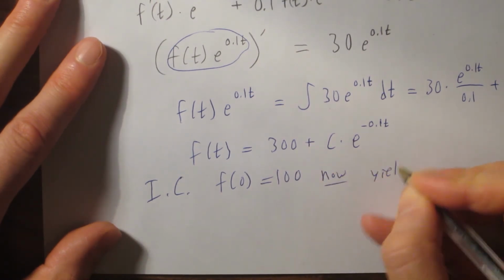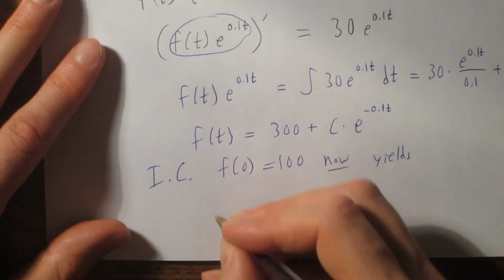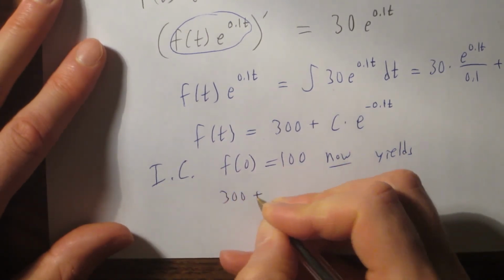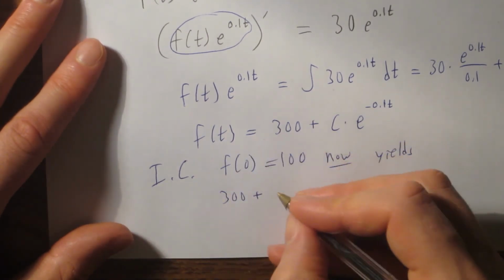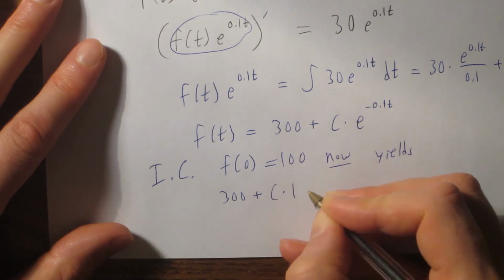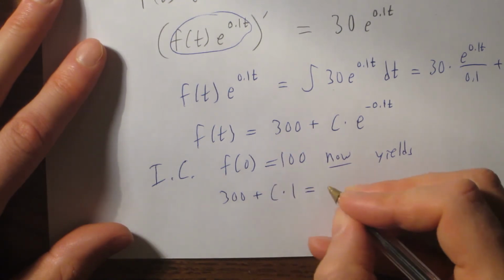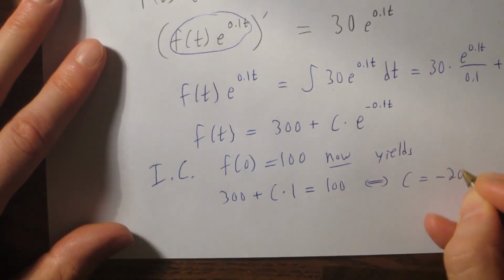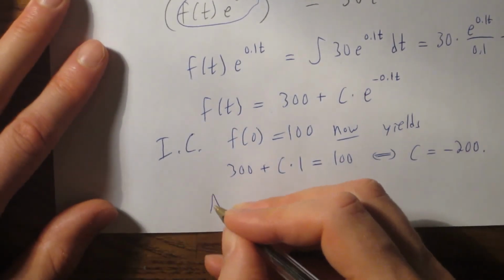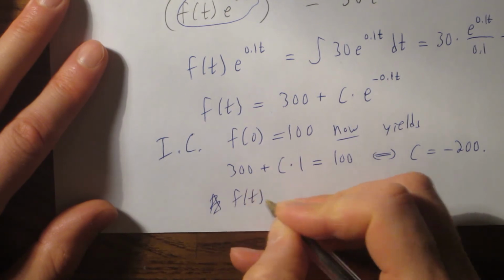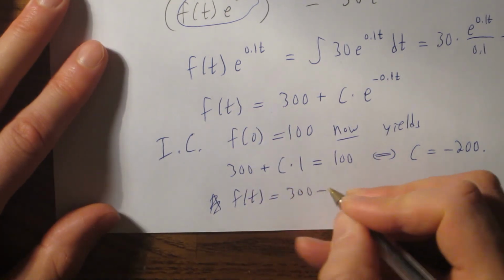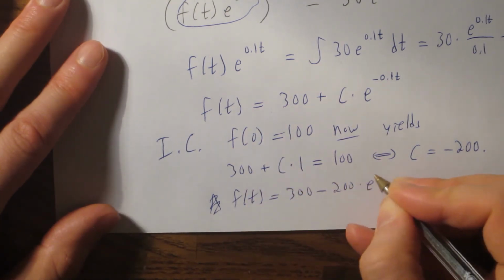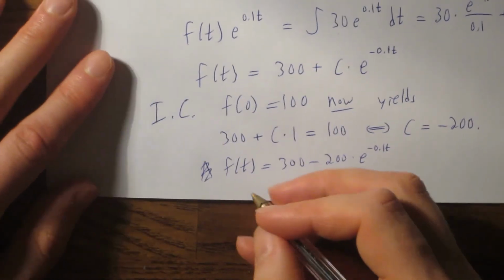So if we plug in 0 into our function, we get 300 plus c times 1. So that's supposed to be 100. And so c is seen to be minus 200. So f of t is 300 minus 200 times e to the power of minus 0.1t.